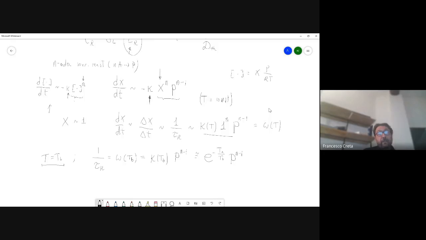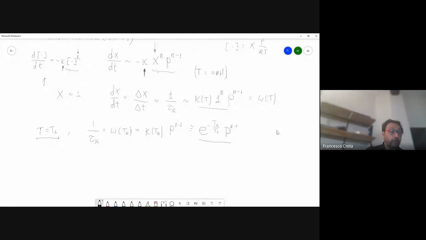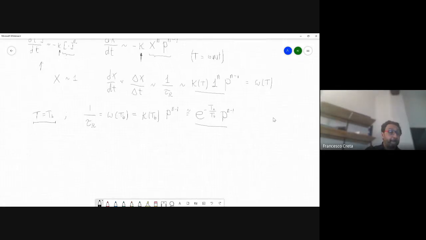So we have some sort of expression for the reaction time. Remember that we said that the SL, the expression that we wrote down before, is a thermal diffusivity, 1 over the Arrhenius number, and 1 over Lr.